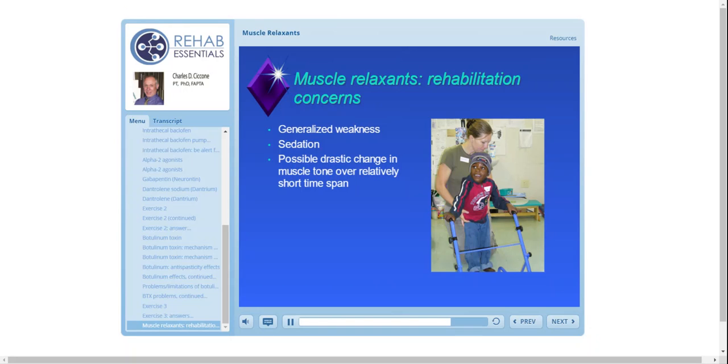And the research on this is quite clear. For interventions like intrathecal baclofen and botulinum toxin, and really any of the other interventions we've talked about, it is necessary to combine the drug therapy with aggressive and appropriate physical therapy.